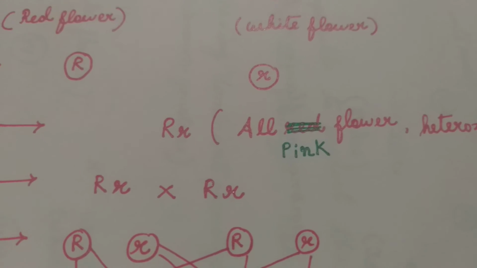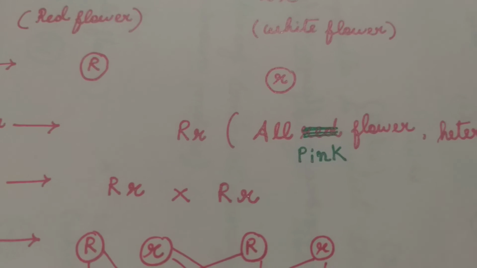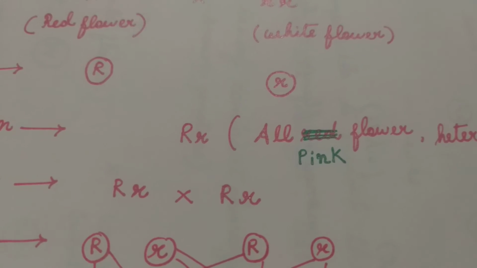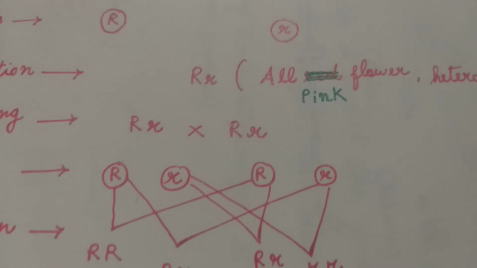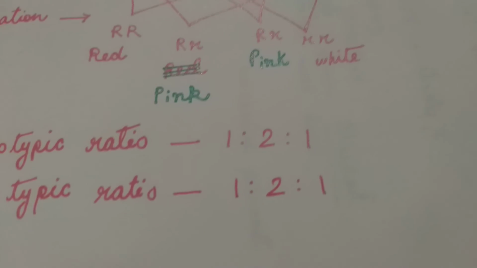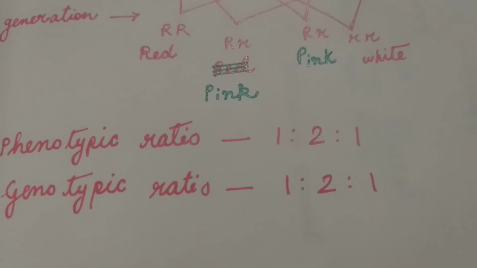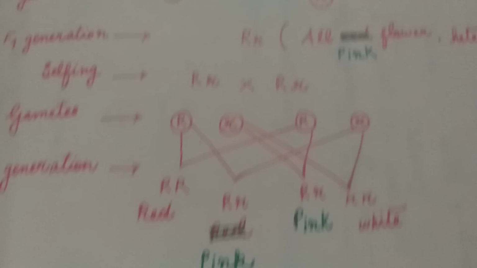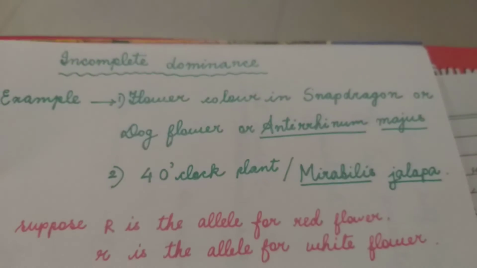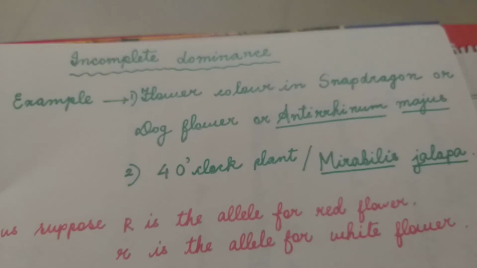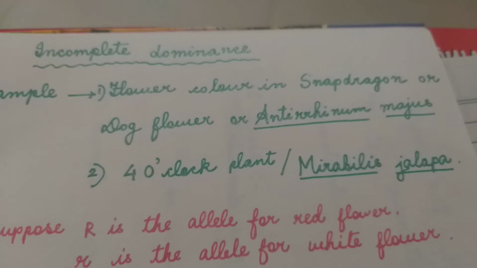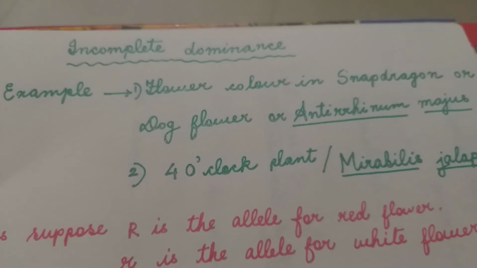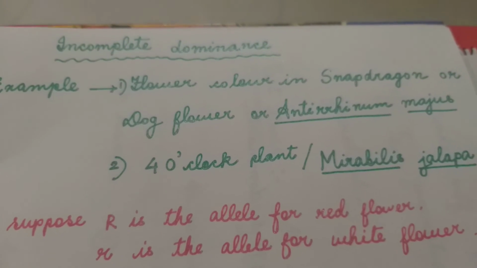So these two alleles are expressed in the F1 hybrid as a mixture or blend. Phenotypic and genotypic ratios are the same, 1:2:1. So this is the concept of incomplete dominance. This is an exception from Mendel's concept of dominance.